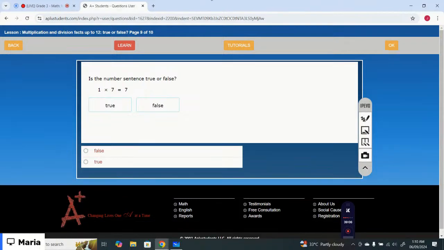Is the number sentence true or false? 7 times 1 is 7.